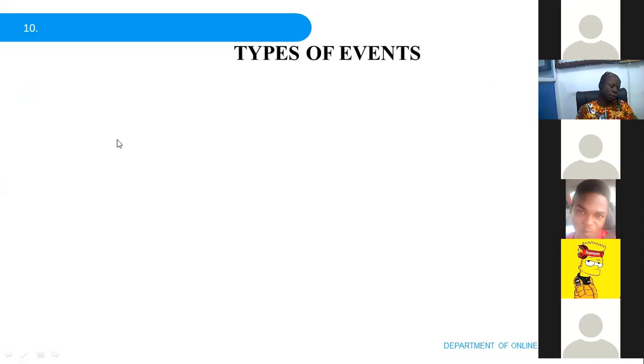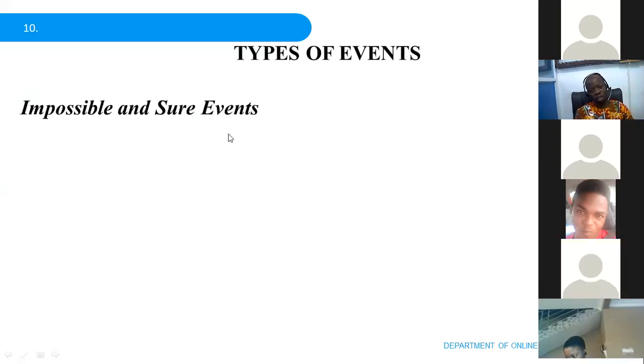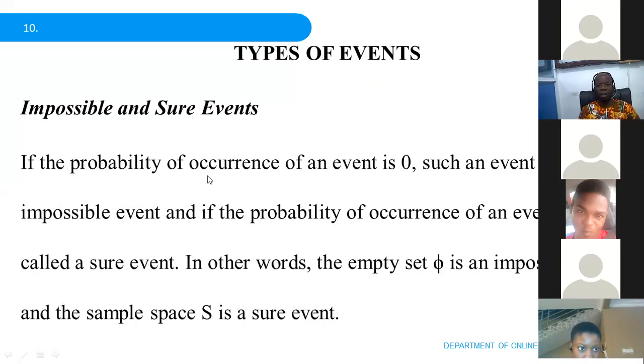Types of events. Impossible and sure event. Impossible means something is not likely to happen. It cannot happen. If the probability of occurrence of an event is 0, such an event is called an impossible event.